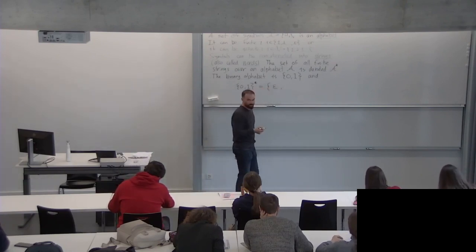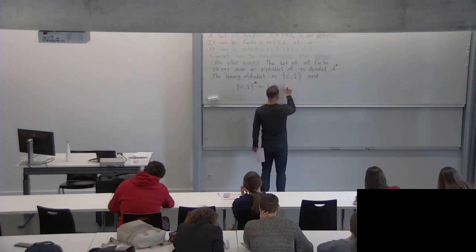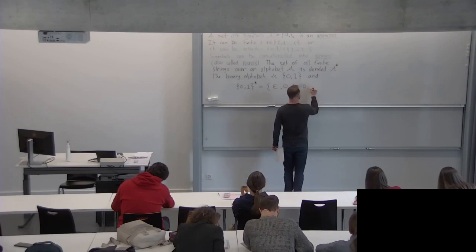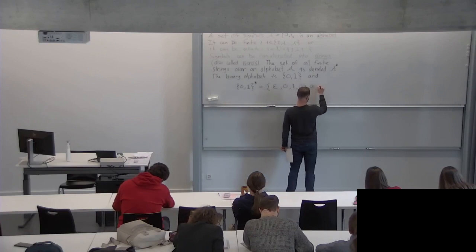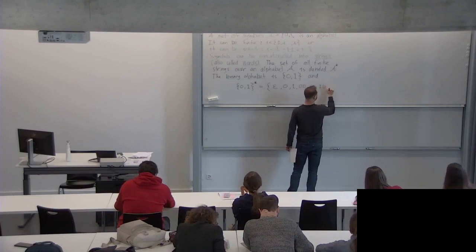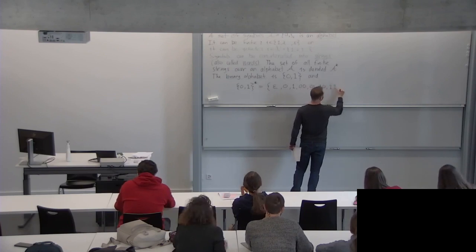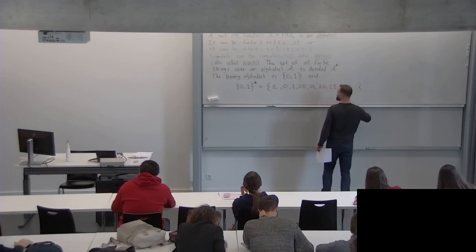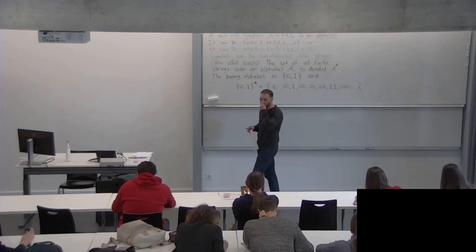And then we have the strings of length 1: 0 and 1. And then the strings of length 2: 0 0, 0 1, 1 0, 1 1. And then the strings of length 3, and this is where I'm going to stop. There are infinitely many of them.